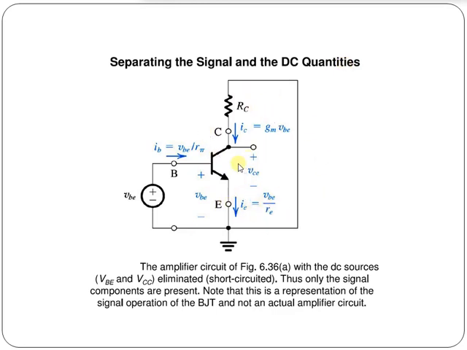If you look at this particular circuit, we have the AC quantities represented in terms of instantaneous values, and the equations are also given: the instantaneous value of IB, IC, IE, the input voltage and the output voltage are mentioned. In this circuit, you can see that the DC sources are completely eliminated, so the only signal components present are the AC. So this circuit is one example of how we can separate the signal and the DC quantities.